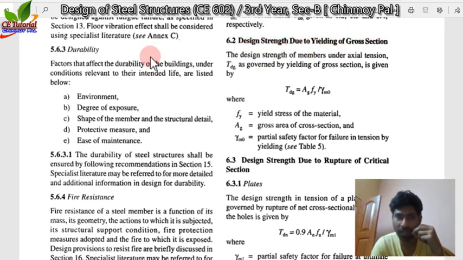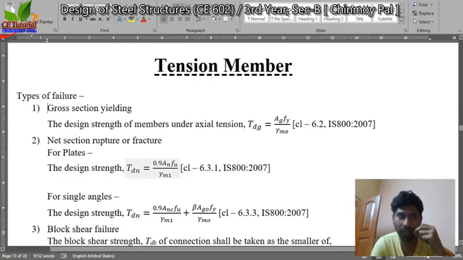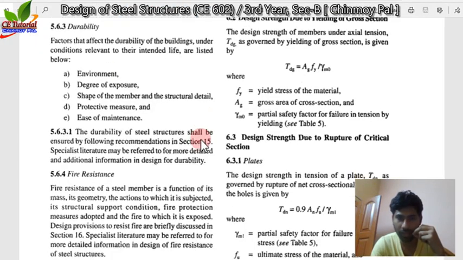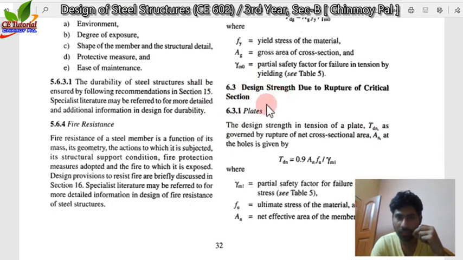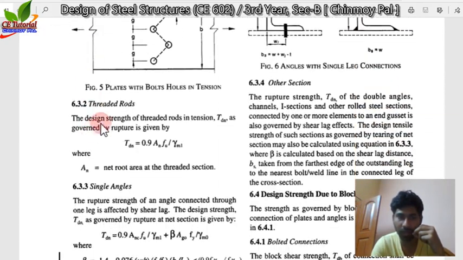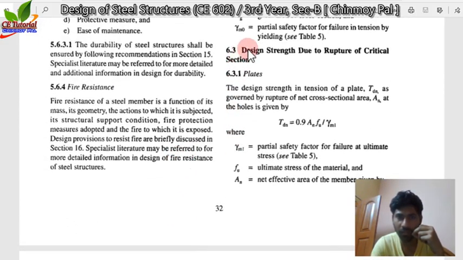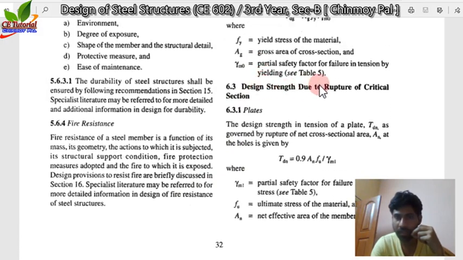That means cross section yielding is one failure criterion. And next is net section rupture or fracture. For net section rupture, from clause number 6.3.1, we can see this is for plate, and another formula is for threaded rod and a single angle. So the actual clause is 6.3, design strength due to rupture of critical section.